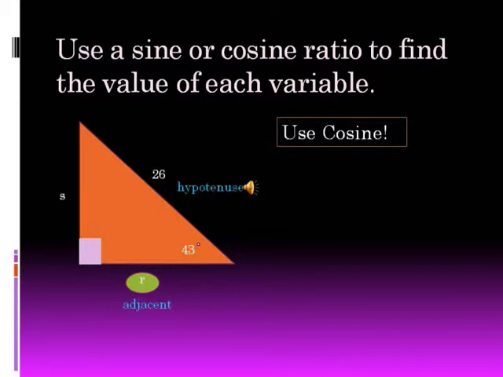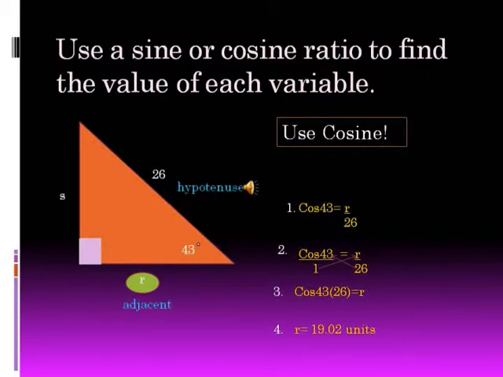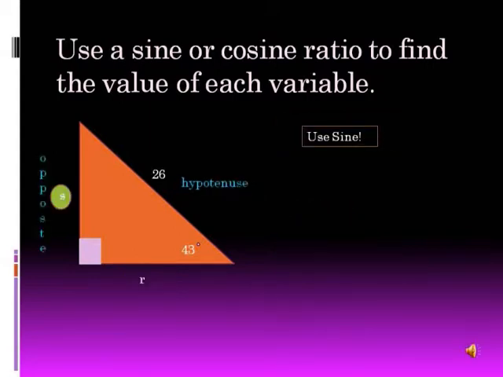My ratio will look like the cosine of 43 equals r over 26. Cross multiply, and you'll get that the cosine of 43 times 26 equals r. So then, you'll multiply the cosine of 43 times 26, and for your answer, you'll get that r is approximately 19.02 units.